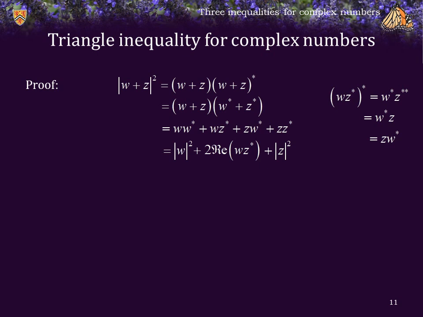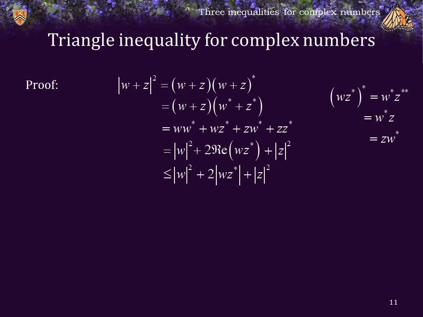All right. Now, from the previous theorem, we saw that the real part of a complex number is less than or equal to the absolute value of that complex number. So therefore, that entire expression is less than or equal to twice the absolute value of w times z star.